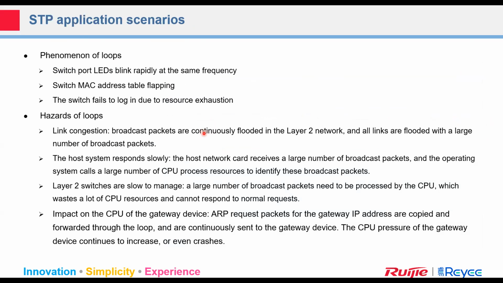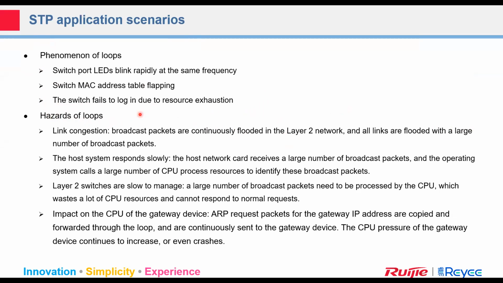So next is STP. This is to prevent a loop, or the MAC address table flapping. When this happens, it will cause the switch to fail due to resource exhaustion.